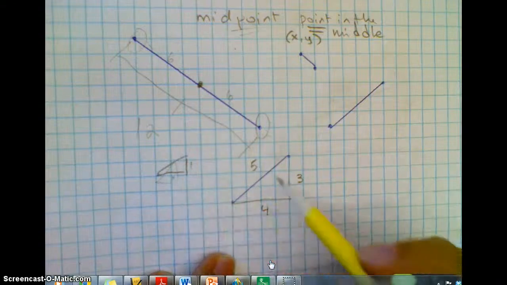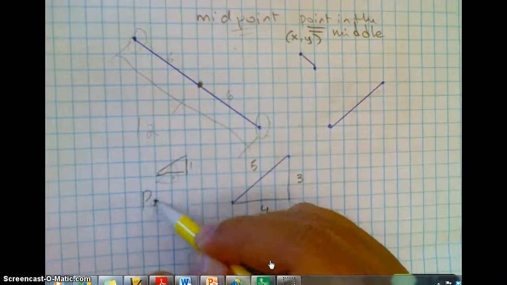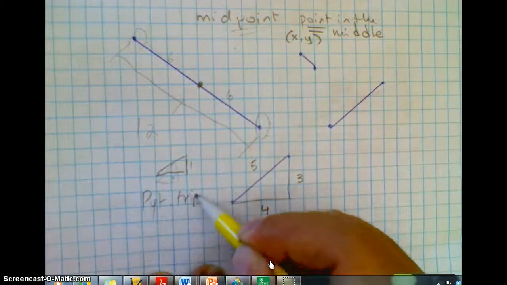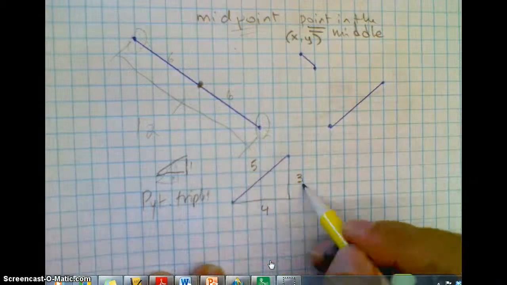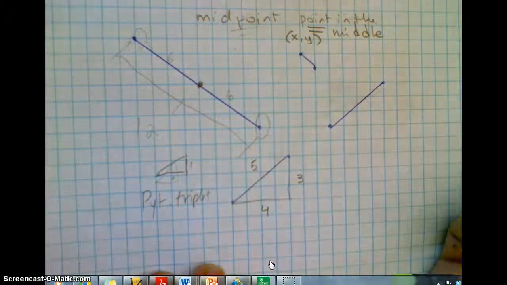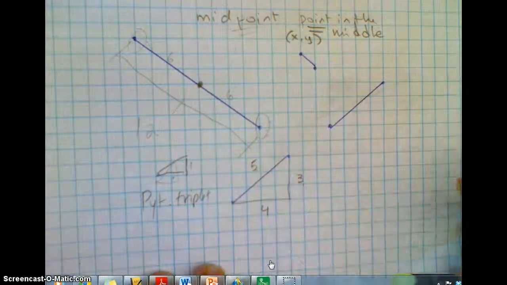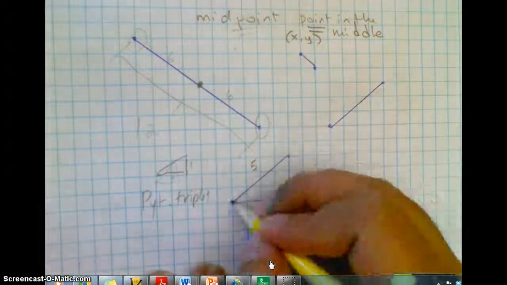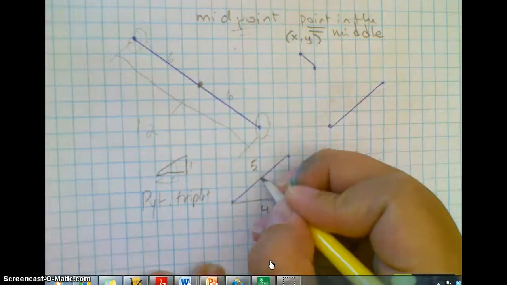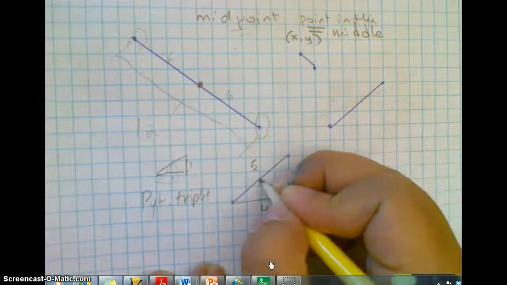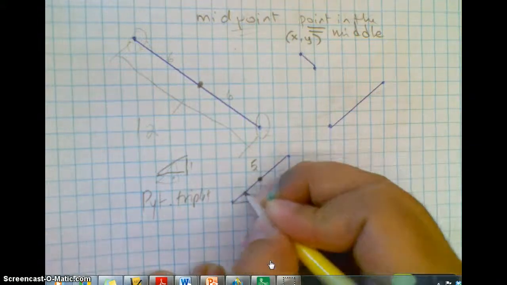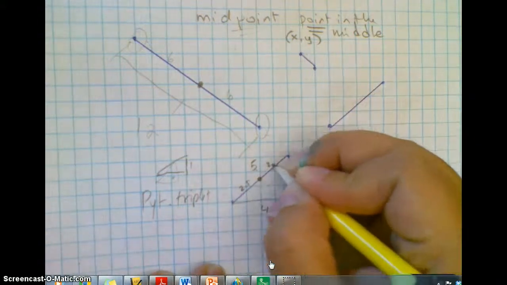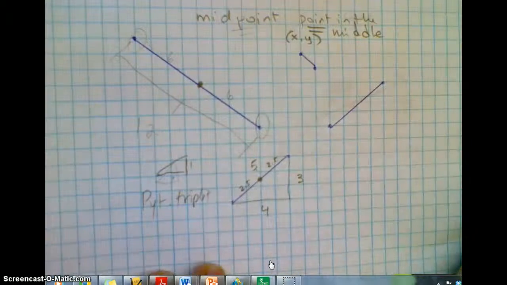I just know that because it's a Pythagorean triplet, and you may have seen that before. I know that 4 squared plus 3 squared is 5 squared, but that's just a coincidence. It doesn't happen for every consecutive numbers. Anyhow, if I measure this as 5, the midpoint is going to be right here, and it will divide this segment into 2.5 and 2.5.